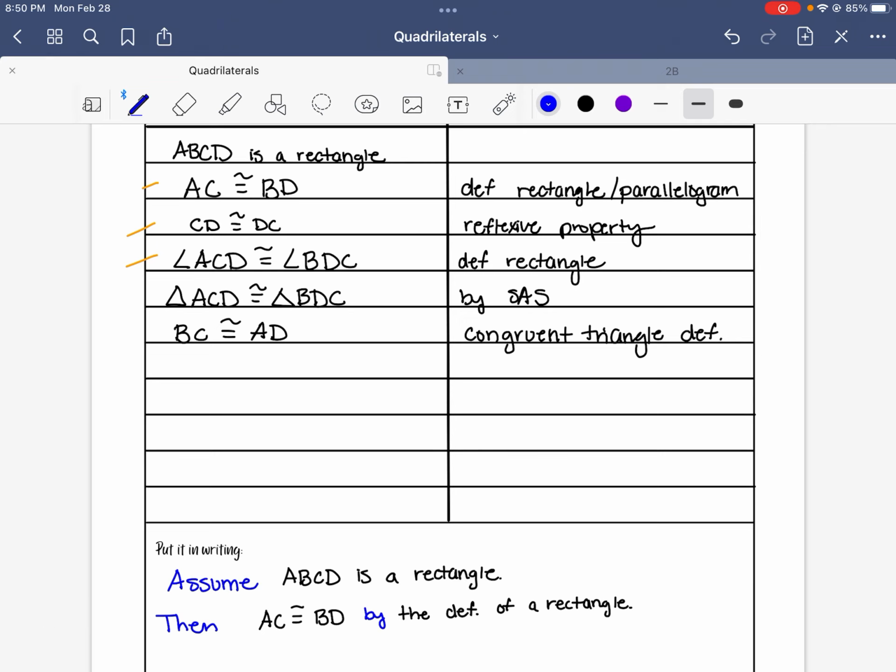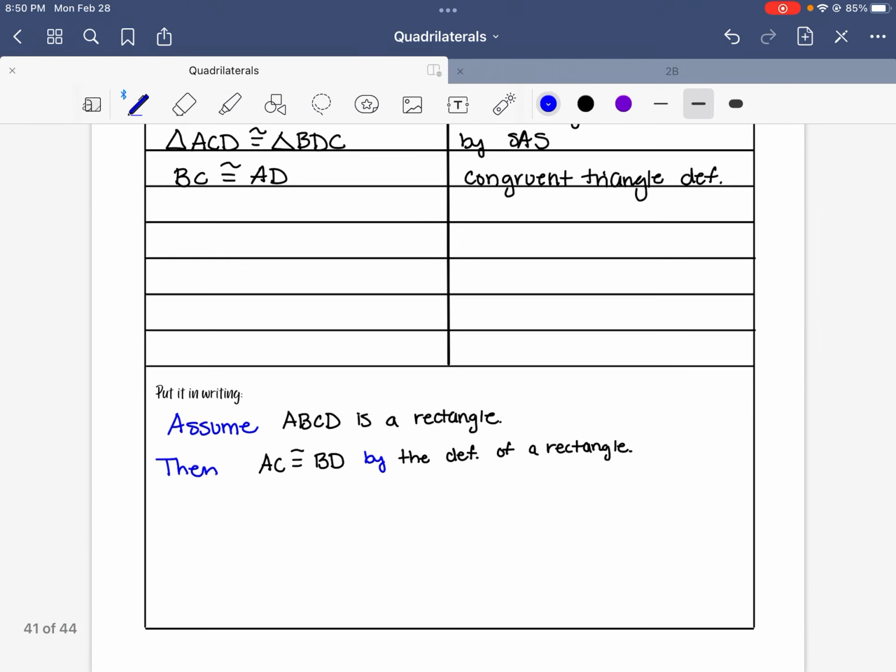And so I got this part done. And CD, so the line CD is congruent to the line DC by the reflexive property. And this is an English class.